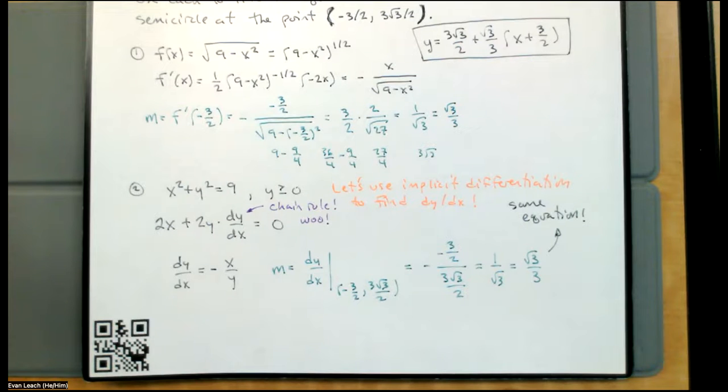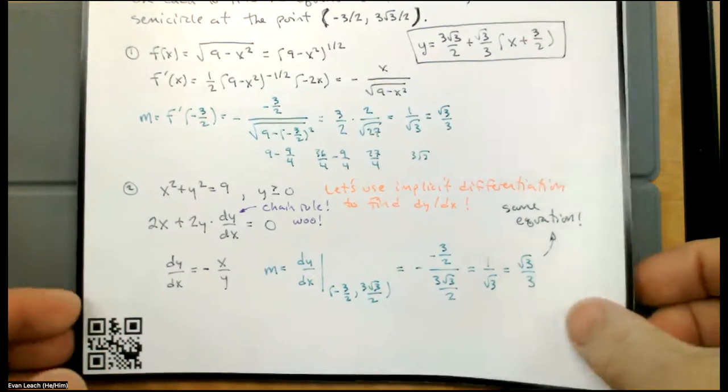In the third part, we've got a parameterized curve. So now we're going to have to do some different stuff. Now there's going to be some different things going on. So let's take a look at what we got.